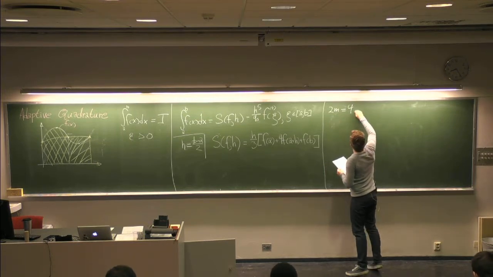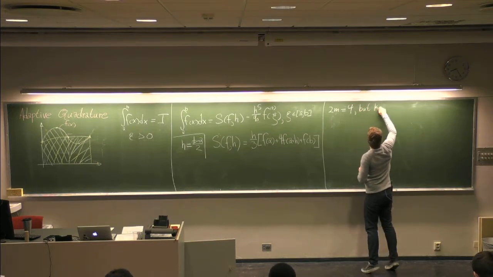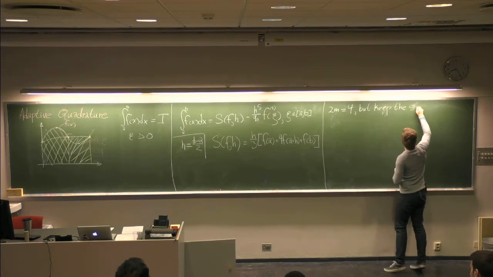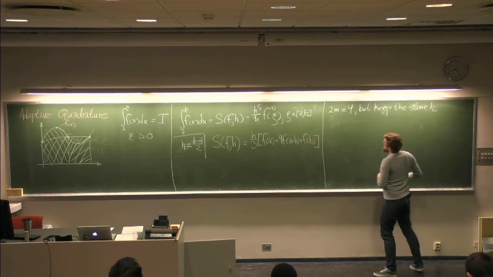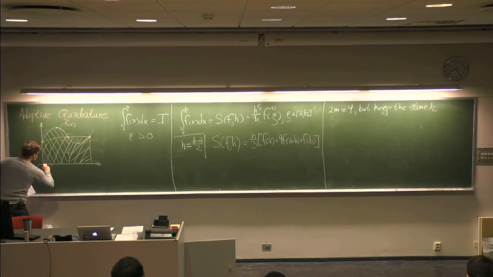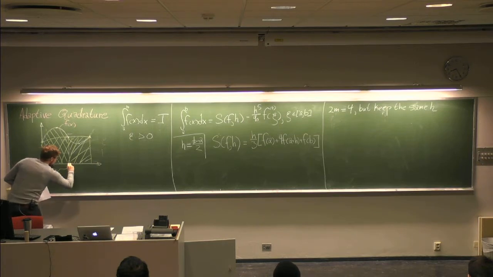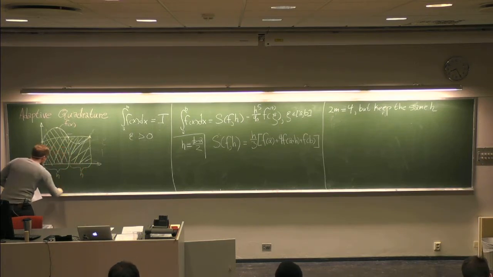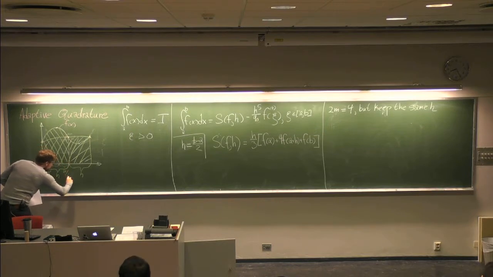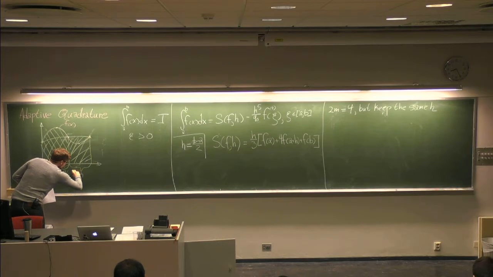We keep the same h, which means that in our first interval, h was this, whereas in our second, this is going to be h over 2, h over 2, h over 2, and h over 2.